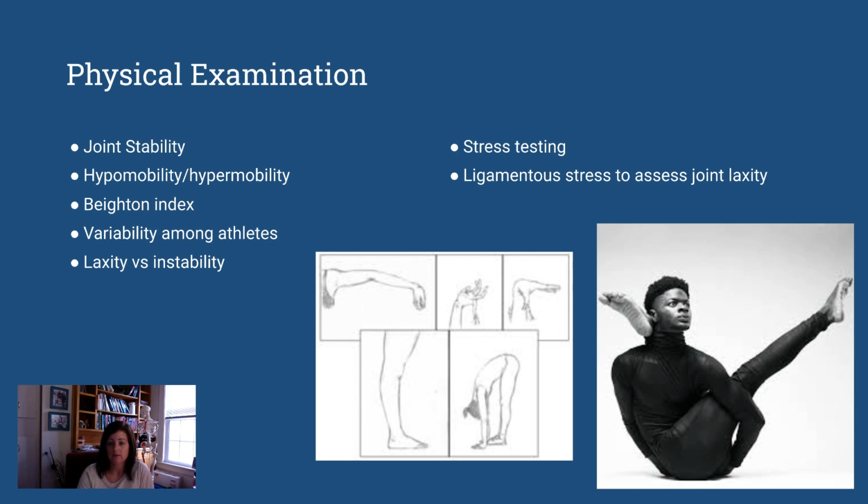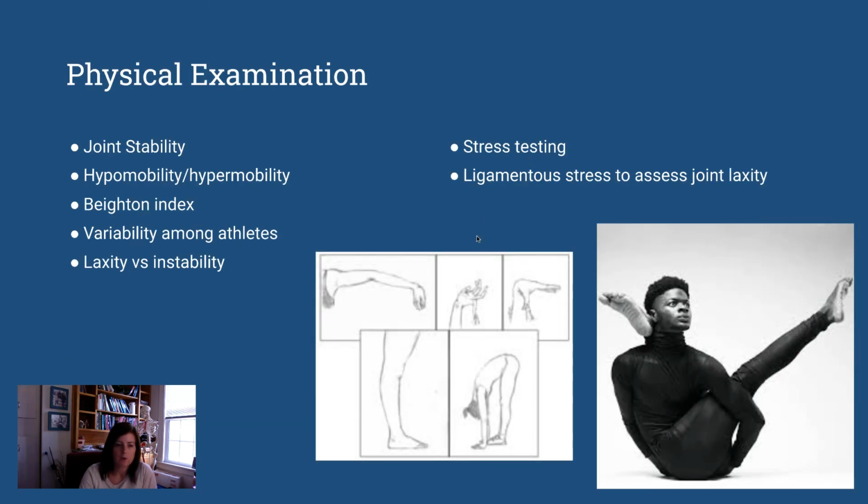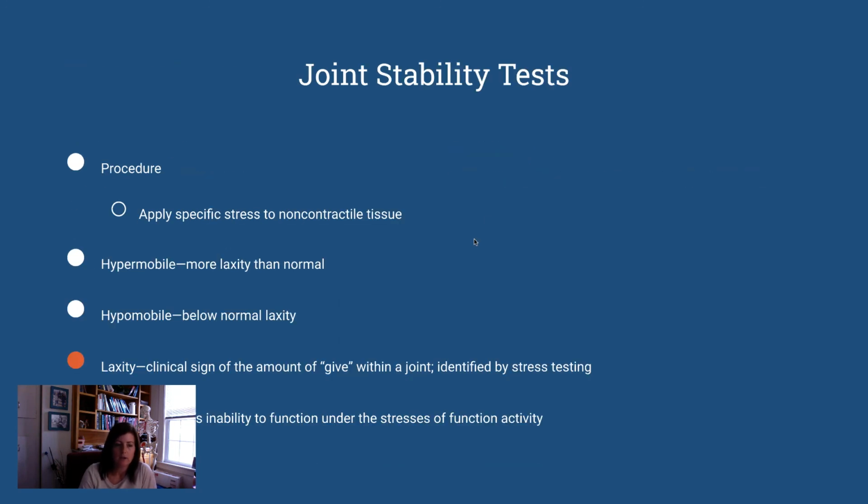Now, sometimes it does, and then you have to go in and tease that out. But we're going to look at joint laxity through stress testing. So we're going to take that joint and put stress on the ligaments and see how that feels.